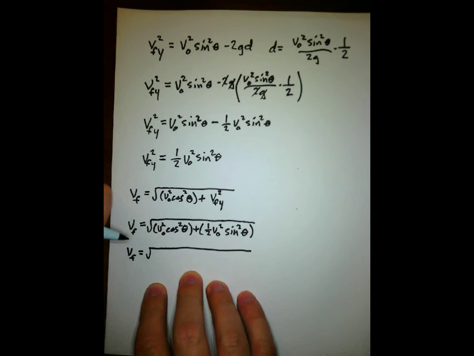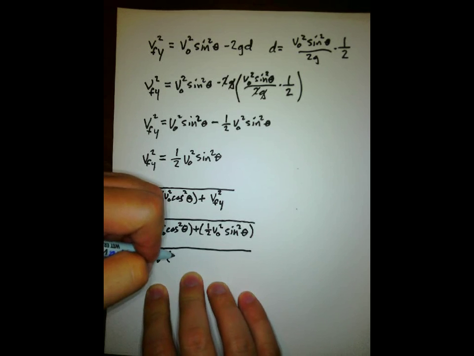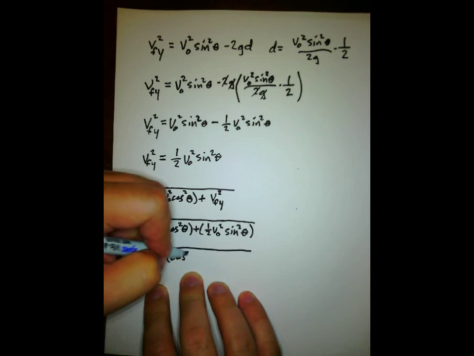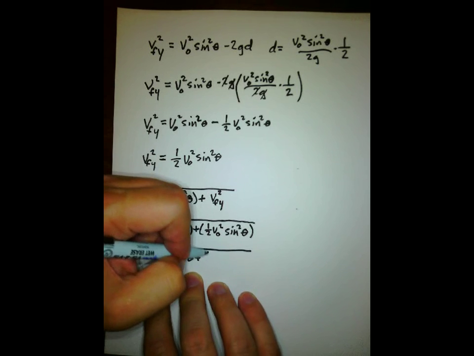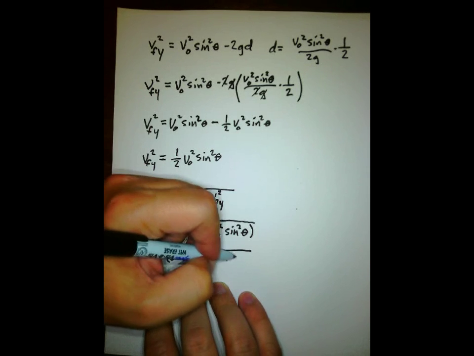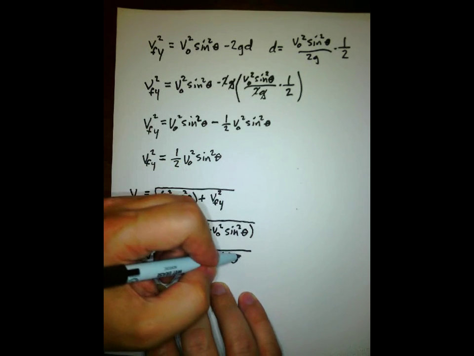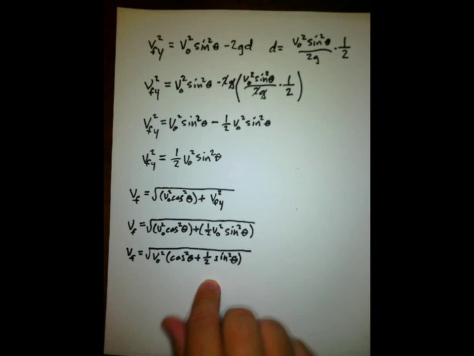Alright, so this is going to be V naught squared times cosine squared theta plus 1/2 sine squared theta. Alright, probably something like 5 more minutes, we'll be done with this.